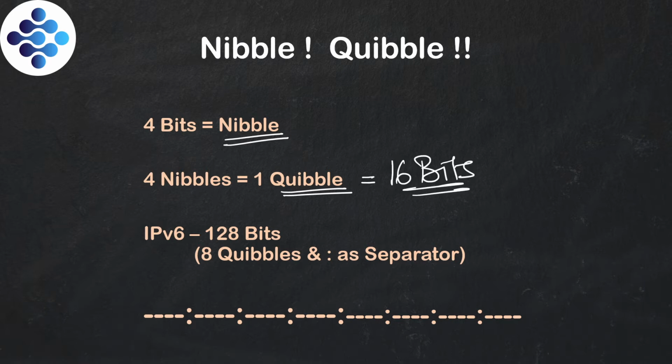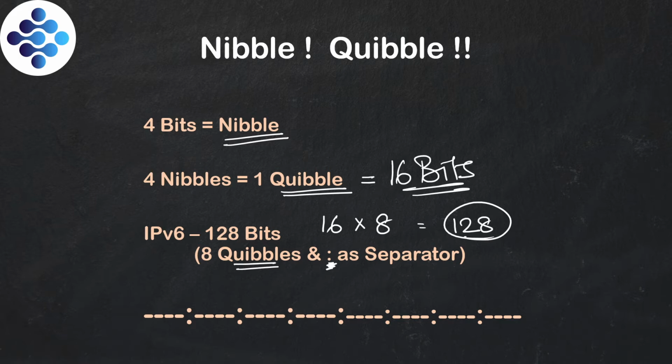IPv6, which is 128 bits, is made of 8 quibbles. So 16 bits into 8 equals 128. And colon would be the separator.